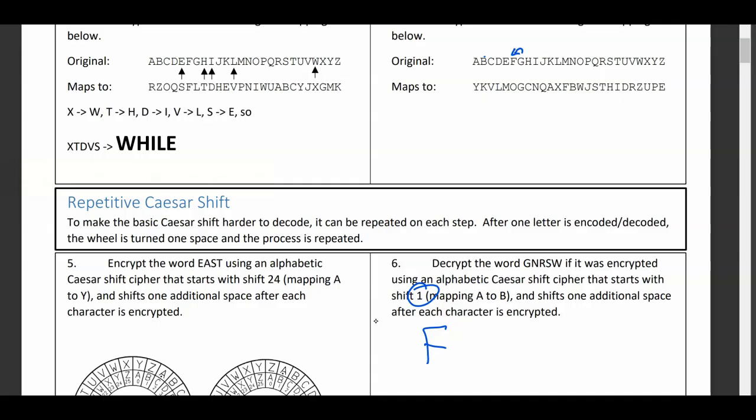But it's a repetitive shift. So for the next one, N, I have to go back 2. I have to go back 1 more than I did before.